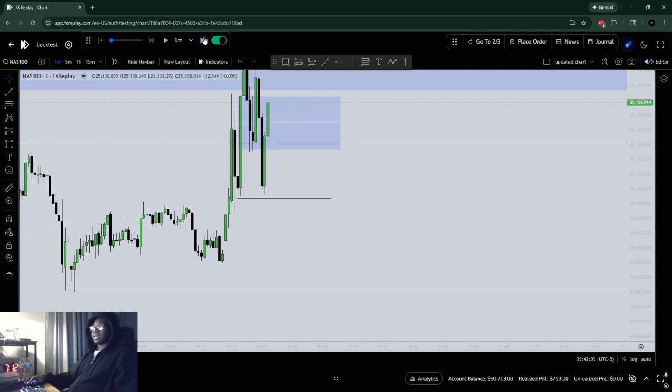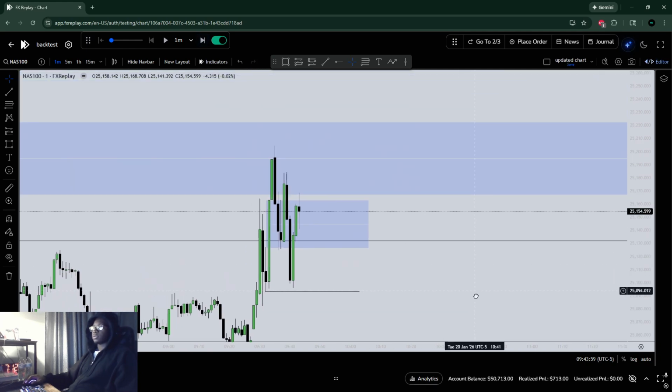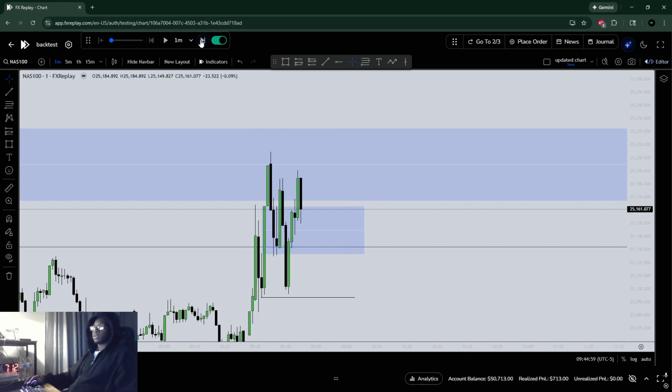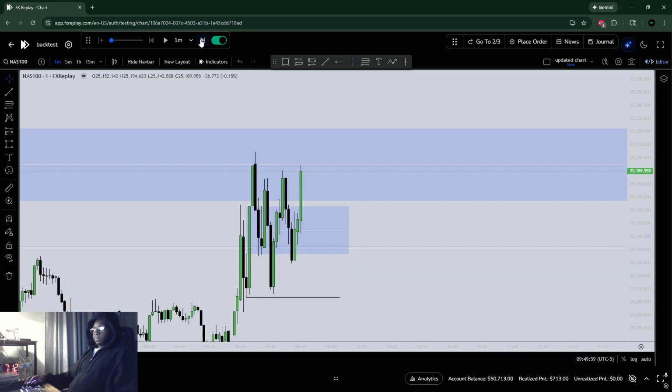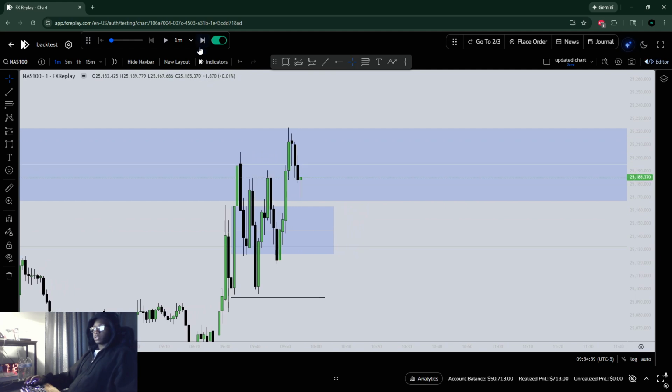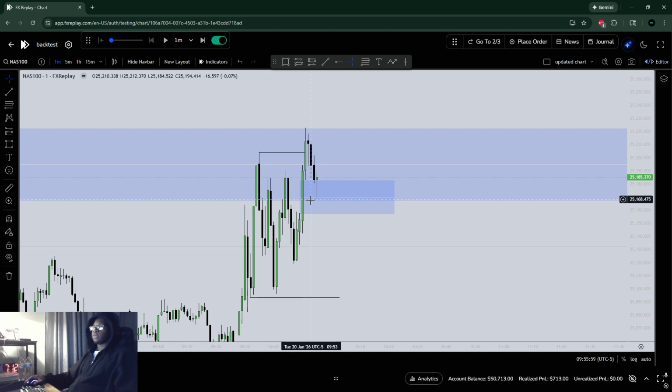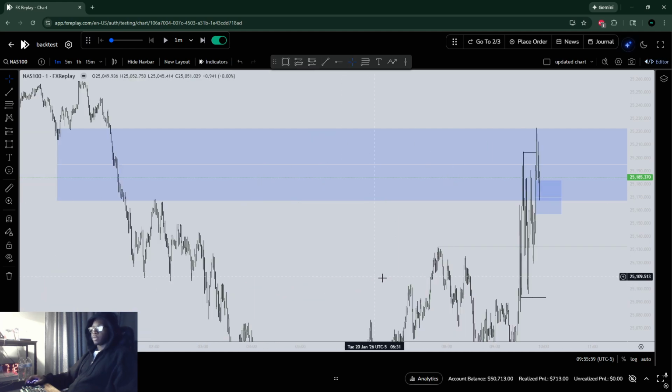Okay, so we did not. So we want to probably sweep something else. Let's wait for that sweep. Okay, sweep that high. Let's just see if it doesn't want to continue here and wants to inverse it. If it inverses this, the short bias is still valid.